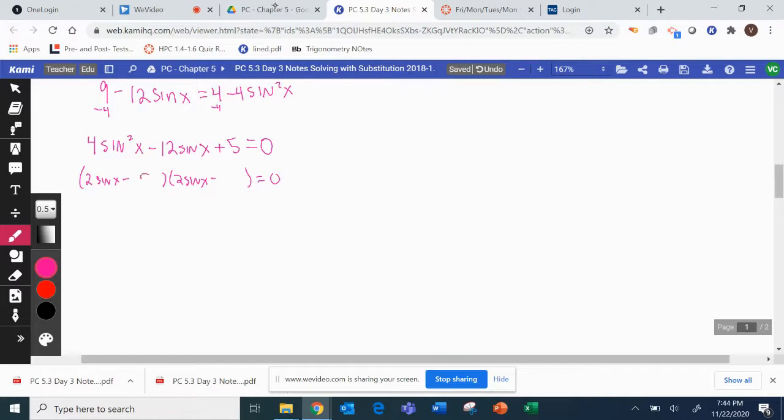One will be 5, one will be 1. And then when I double check that, this gives me minus 2 sine x. The middle one gives me minus 10 sine x. And then this one would give me minus 10 sine x, which would equal that minus 12 sine x. So it is factored correctly.